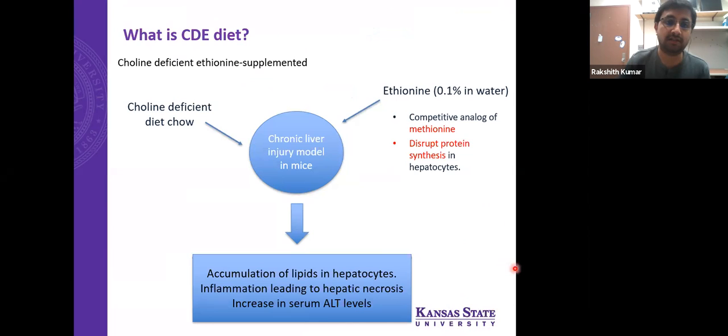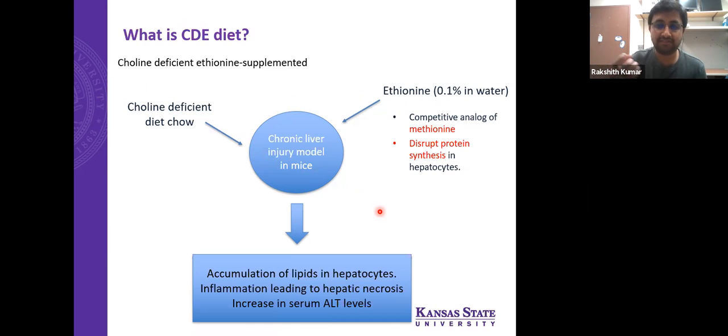And also by giving the choline deficient chow and also ethionine supplemented. Ethionine is supplemented in the water at 0.1 percent, and it is a competitive analog of methionine, and it will disrupt the protein synthesis in hepatocytes. By giving a combination of both of these in the food, it will cause a chronic liver injury model in mice by accumulating the lipids in the hepatocytes, inflaming the liver and causing hepatic necrosis.